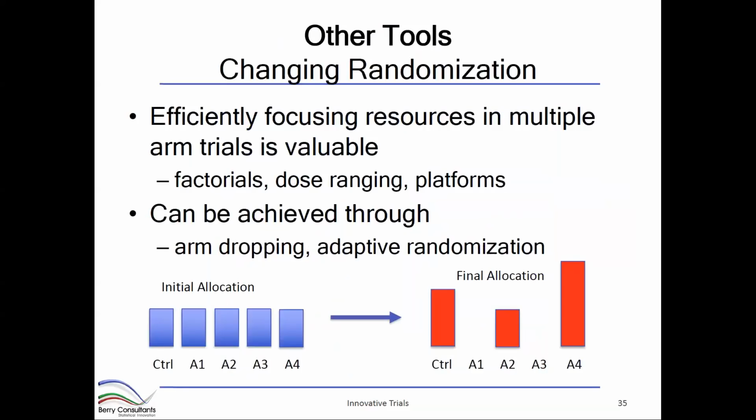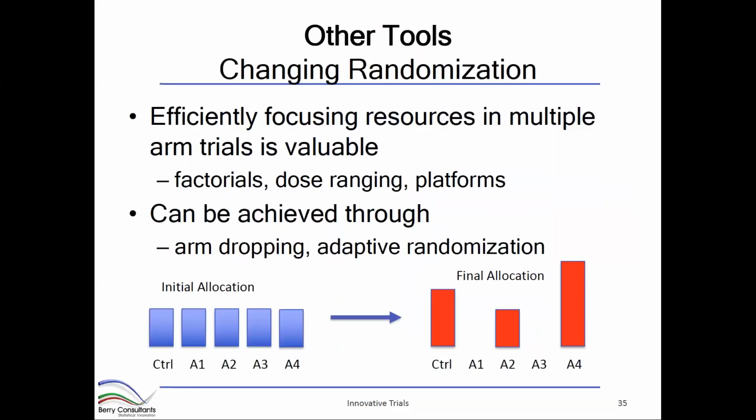We typically achieve this through arm dropping, which means if an arm is doing badly, we just get rid of it, or adaptive randomization. Adaptive randomization means instead of completely getting rid of an arm, we reduce the allocation to some arms a bit and increase the allocation to other arms a bit, in proportion to how they're doing.